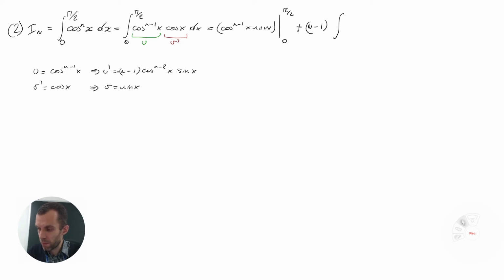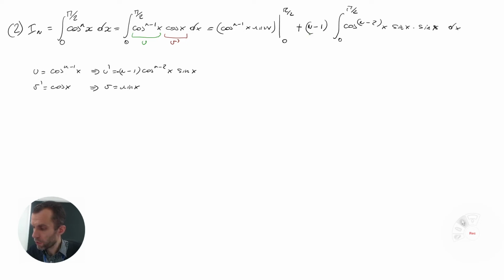I'm going to change the minus to a plus, because it's minus here as well. And then I'm going to write cosine n minus 2 of x sine x, and then times another sine x from v. And here it's 0 to pi over 2.